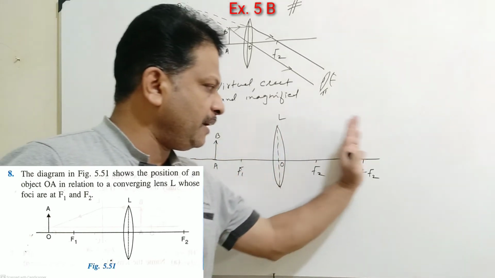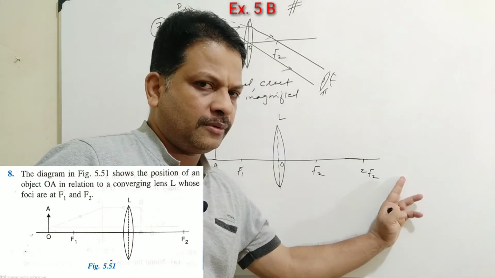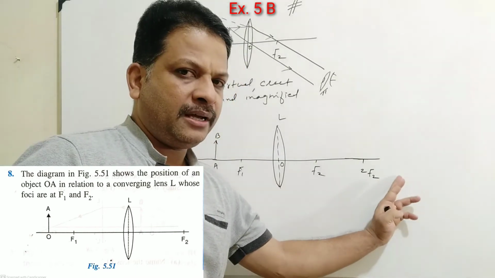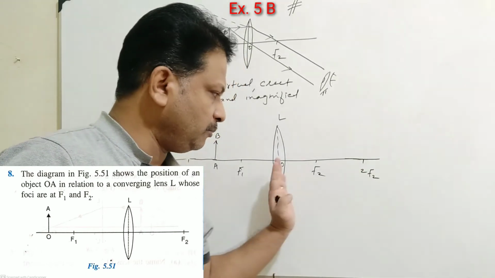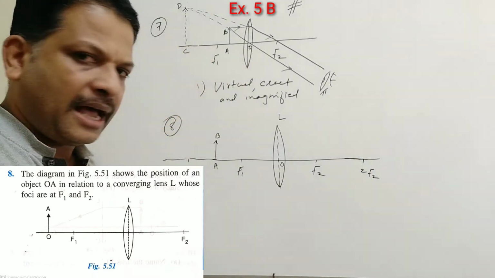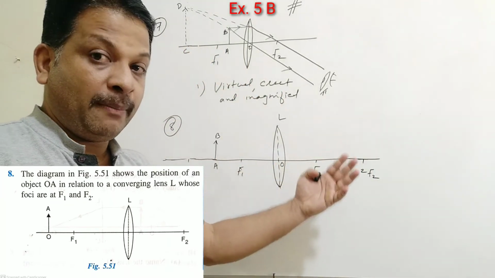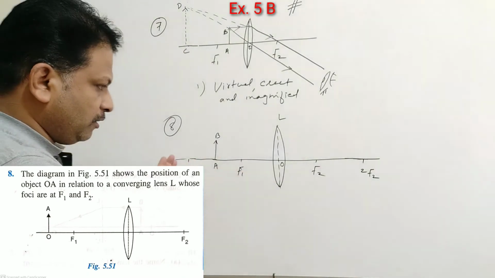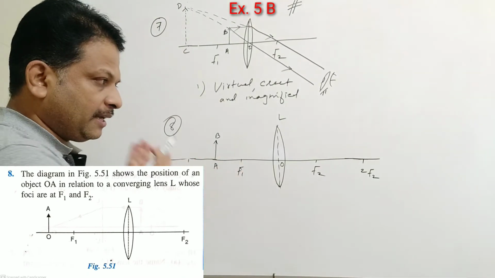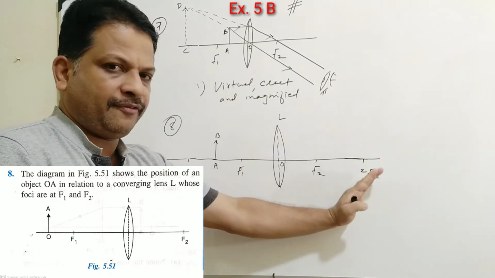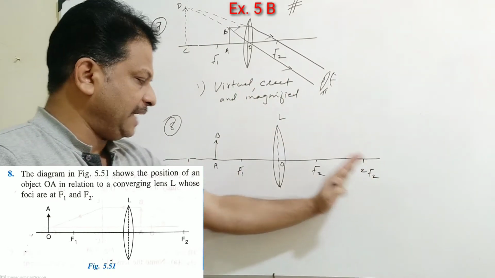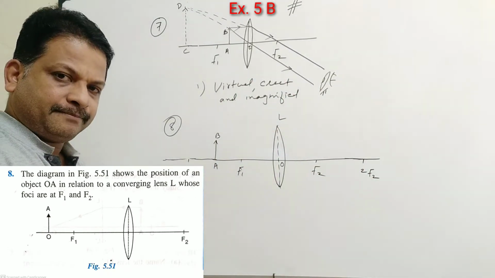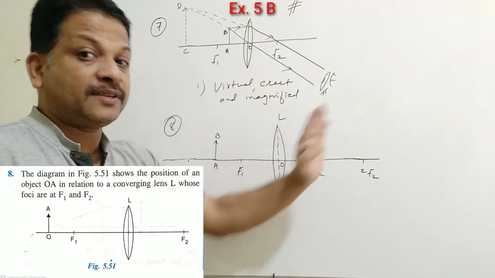The position of the image will shift from 2f2. It will move away from the optical center and it will be magnified. At 2f2 we got an image when the object was at 2f1, which is real, inverted and the same size as the object.